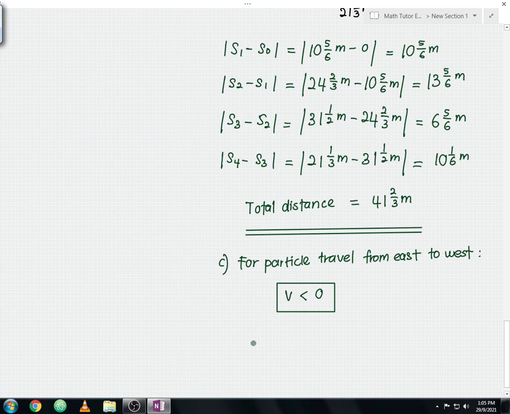Okay, so from here, let me write the velocity equation here, where 6 plus 13t minus 5t square should be less than 0. Okay, now what you do, you shift this side.